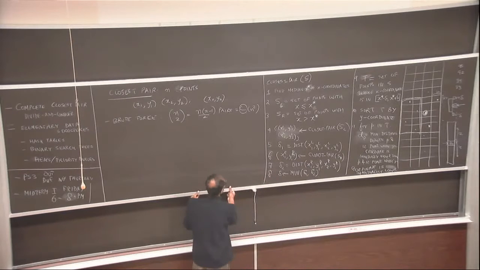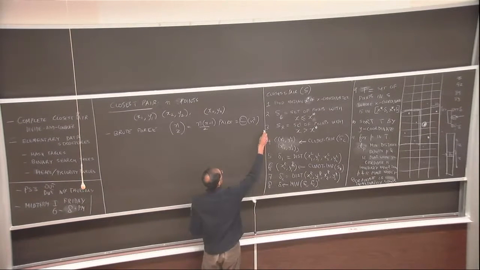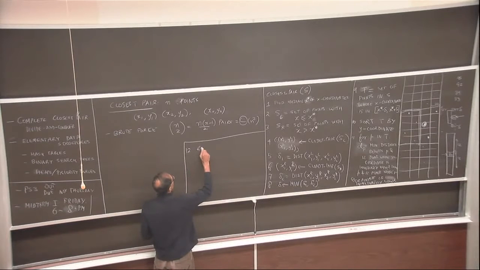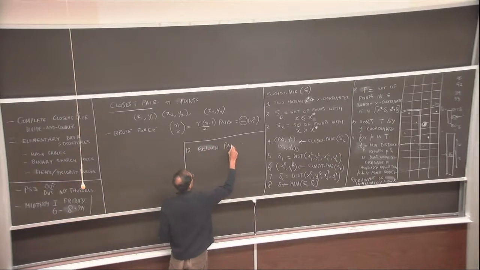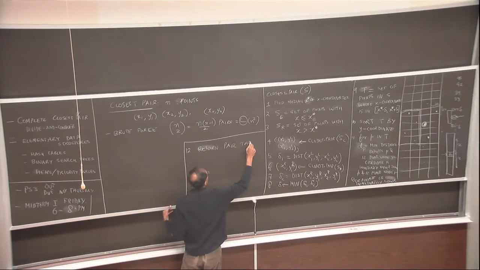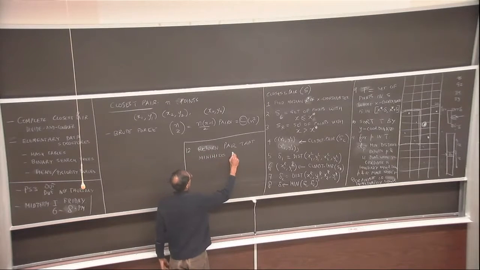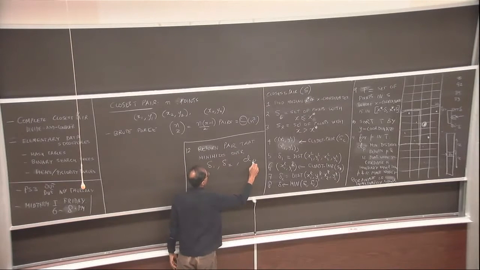So line 11, I'm going to just finish that up here. So return the pair that minimizes delta 1, delta 2, and dP.